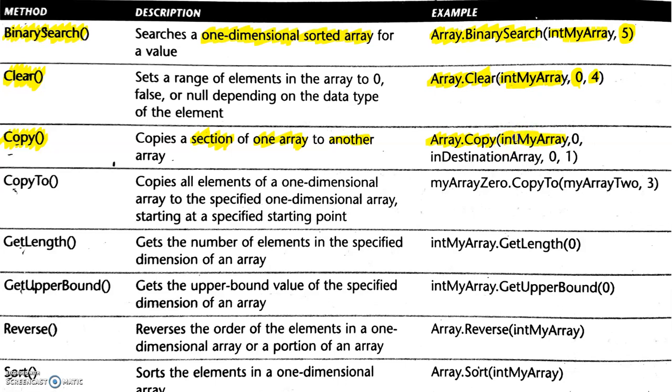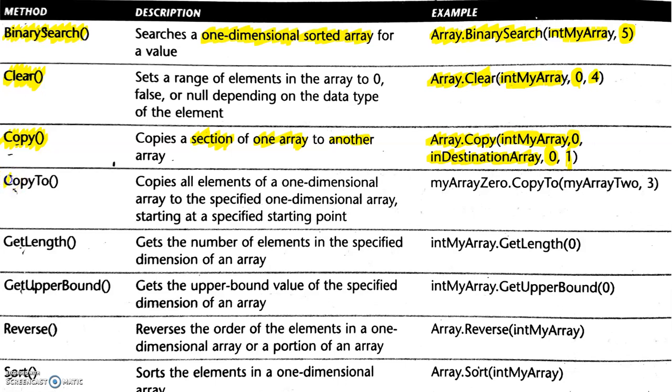Here we have taken an integer, myArray is the name of the source array. Then the starting point from where you want to copy. Then the destination array, meaning where you want to copy. In the destination array, where you want to start. And here is the length, meaning how many elements you want to copy. So this is the copy method.